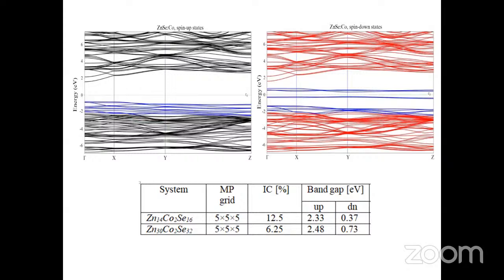Cobalt doped zinc selenide has no half metallic character. And this table shows the band gap results for the 12.5 and 6.25% concentrations.